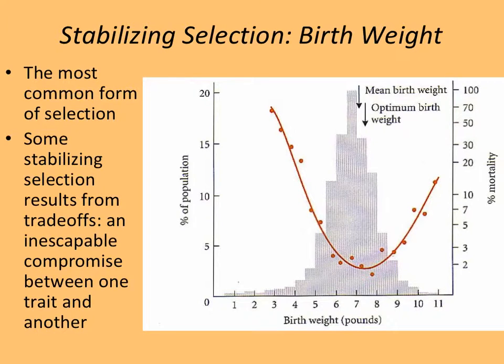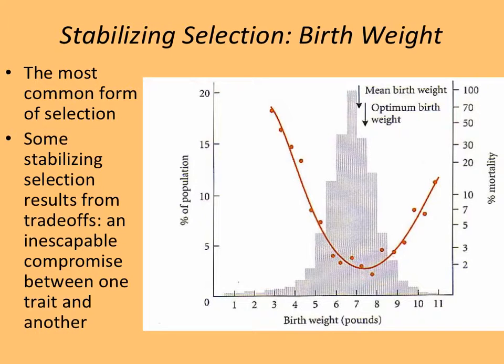Okay, a good example of stabilizing selection is birth weight in humans. Obviously, babies have big heads. Small babies don't survive as well as large babies. They pass fine through the birth canal with no problem.